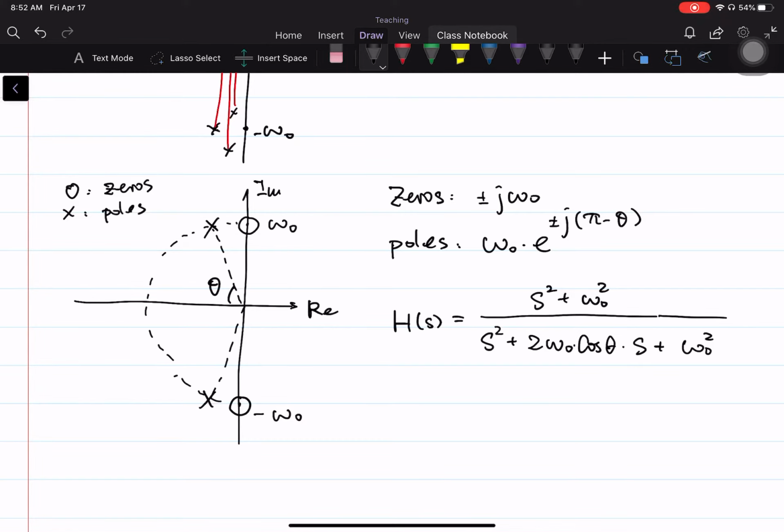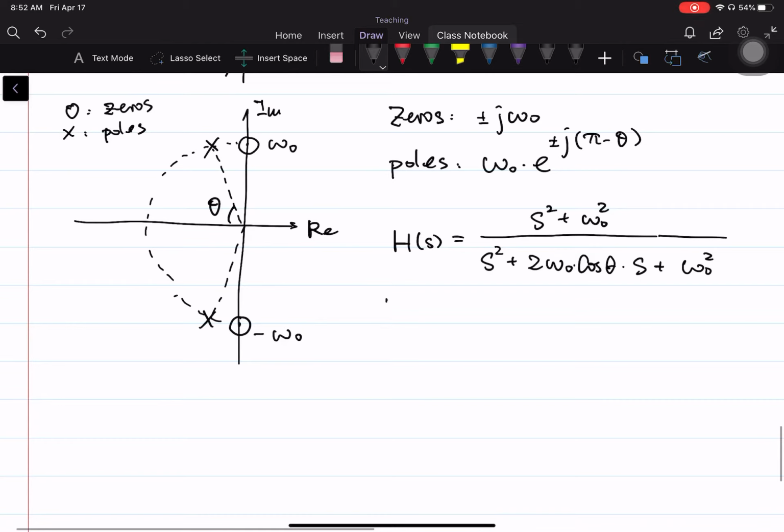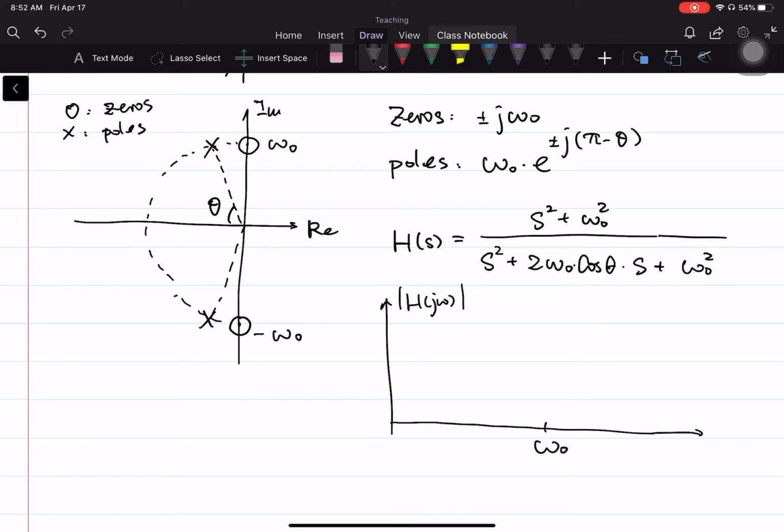And using that, we can easily draw the frequency response function. And the magnitude in this case looks like this. Now, since j omega naught is selected as a zero, the frequency response function has to be zero at this point.